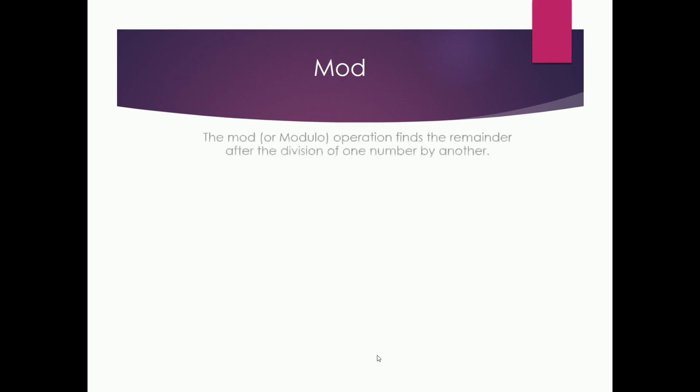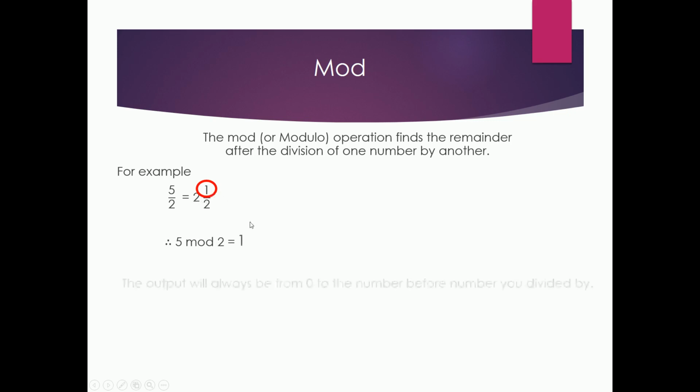Mod finds the remainder after the division of one number by another. A real simple example: 5 divided by 2 equals 2.5. If we do 5 mod 2, it equals 1, because that's the remainder. 5 mod 2 doesn't worry about the whole number, it just looks at the remainder, which equals 1.